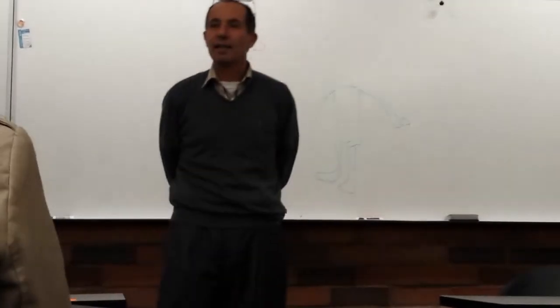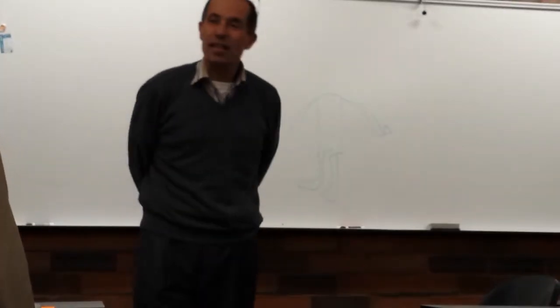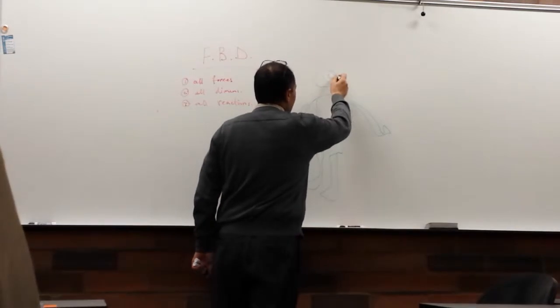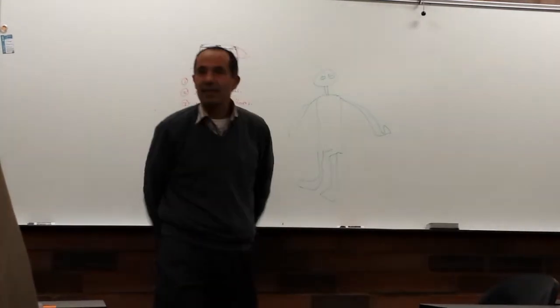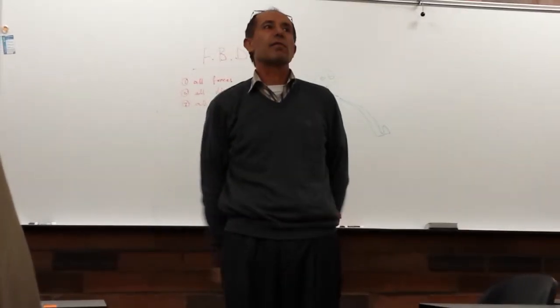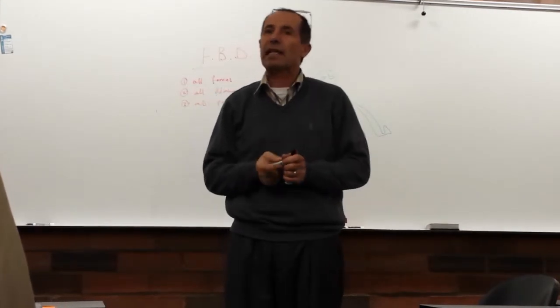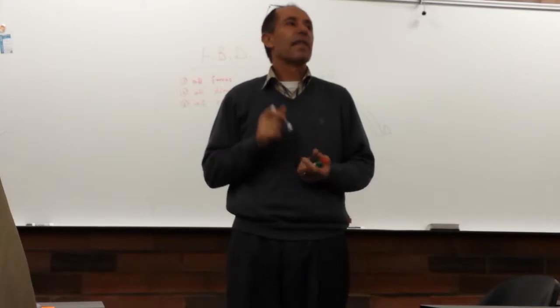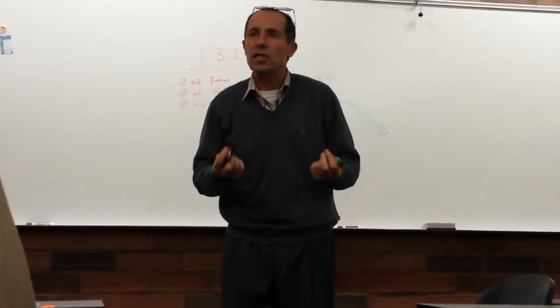Without the head, it's not a free body. So what do I need in here? Dimensions. And if your free body diagram is missing the head, then it's ugly. The head of the free body diagram is the reactions.